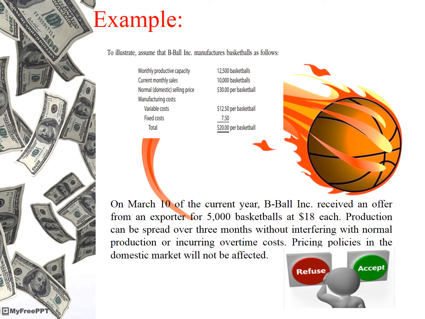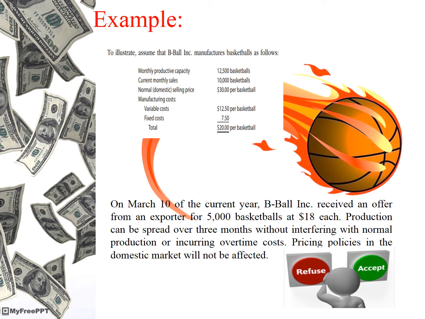The normal domestic selling price is $30 per basketball, and the total manufacturing cost is $20 per basketball, which consists of a variable cost of $12.50 per basketball and a fixed cost of $7.50.